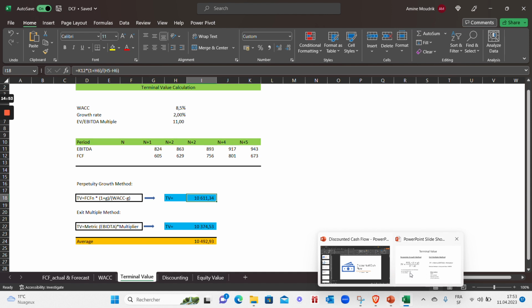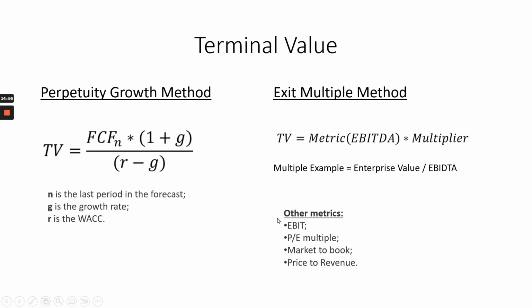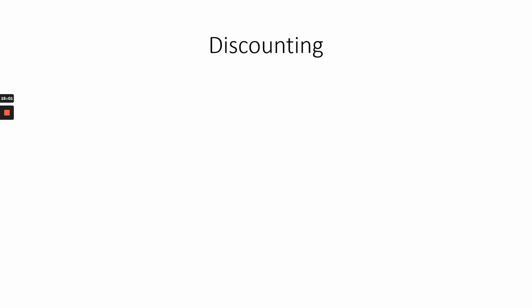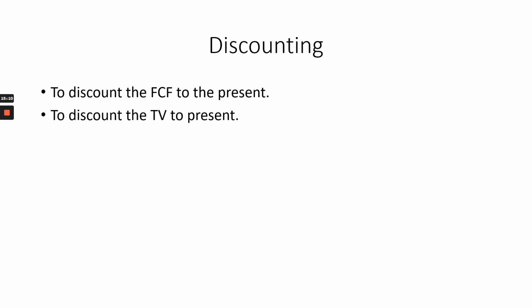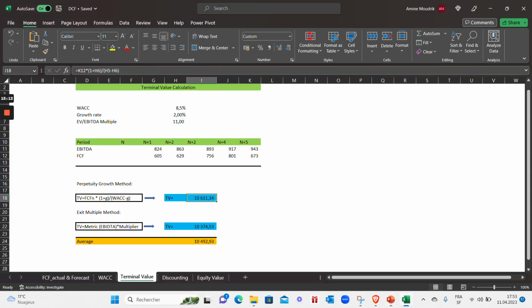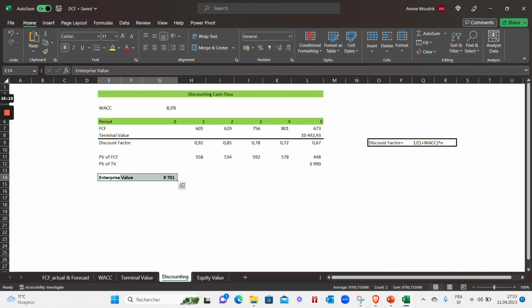Once we have our terminal value defined, we go to the next step, which is to discount our free cash flow to the present, as well as the terminal value. Here in the example, we have our WACC, which is our discount rate, our free cash flow that was calculated earlier, and the terminal value that we've just calculated.